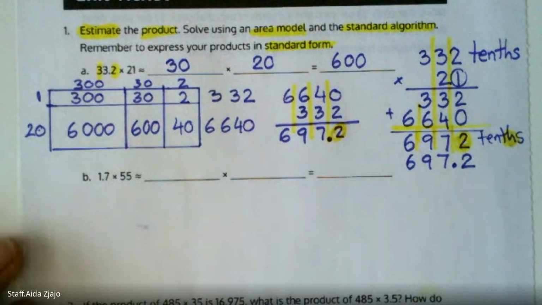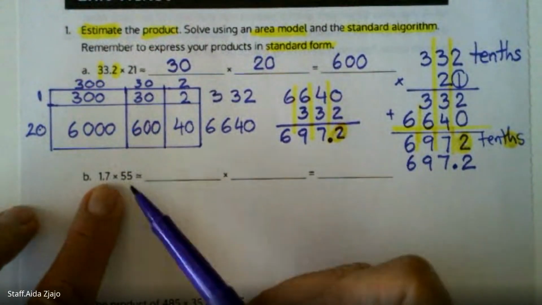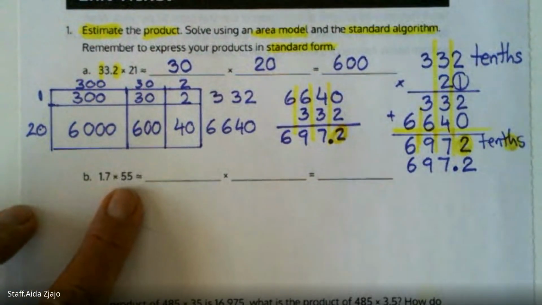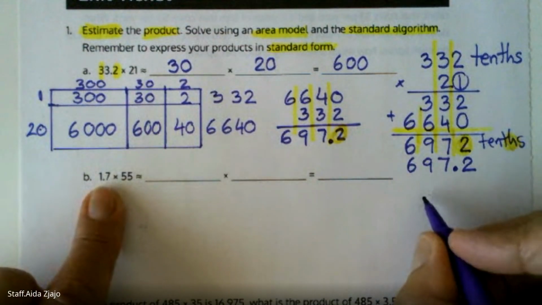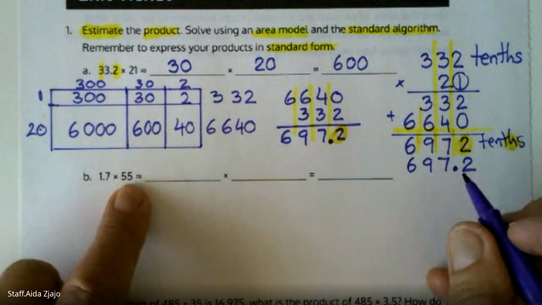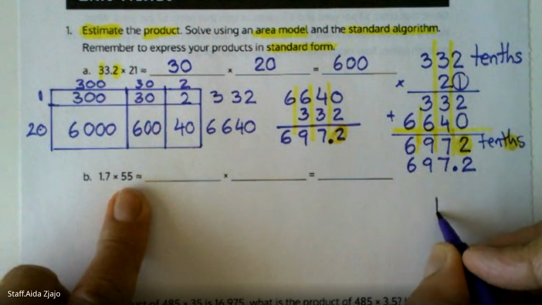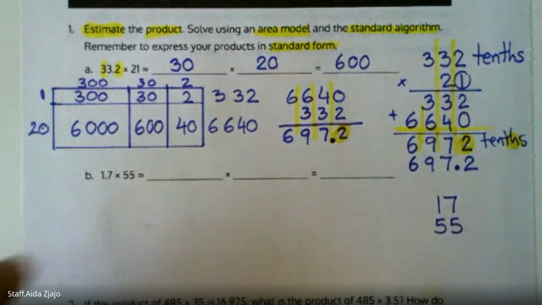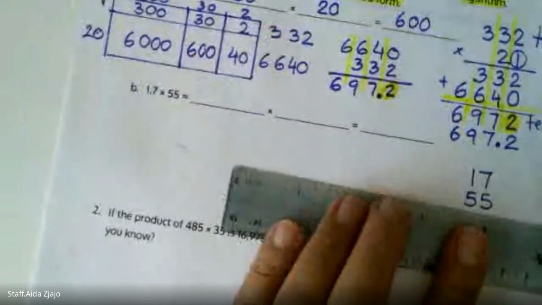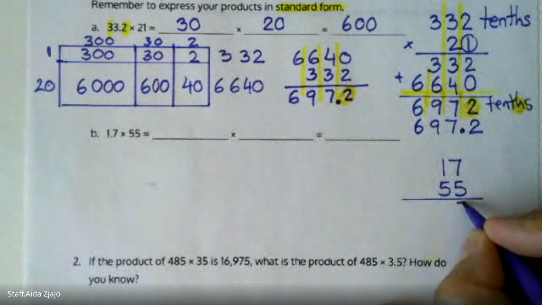Okay, let's do the same way with 1.7 times 55. If you think of this as 17/10, then this is 55. So you're going to multiply 17 times 55. 5 times 7 is 35.